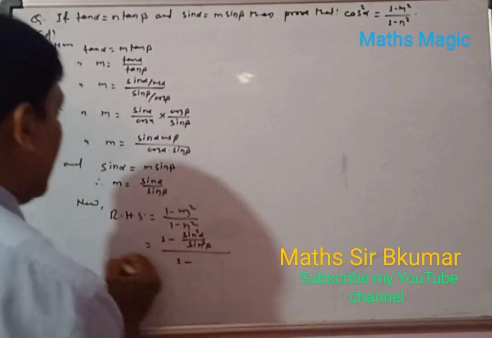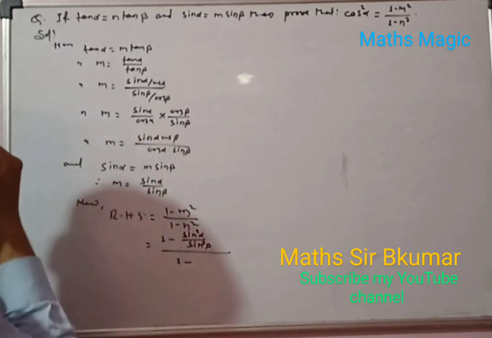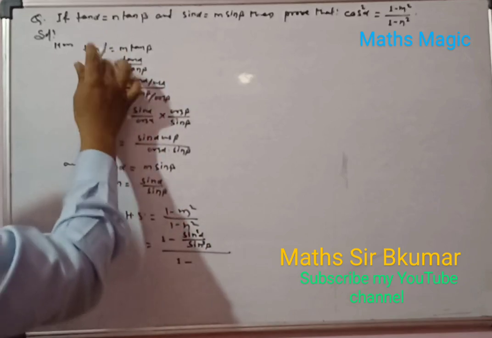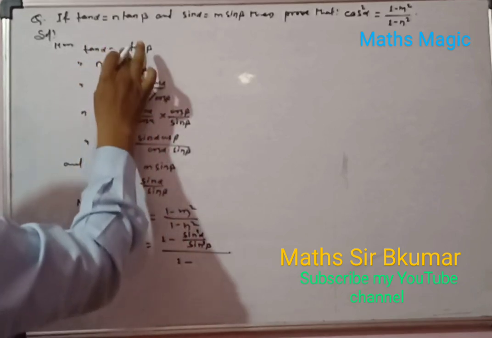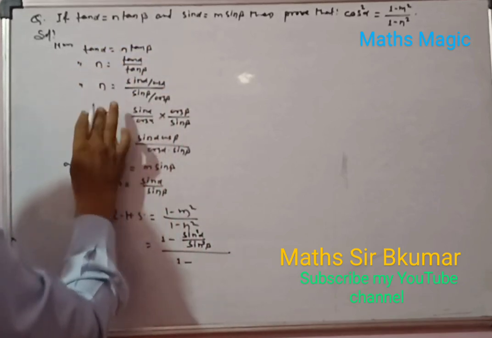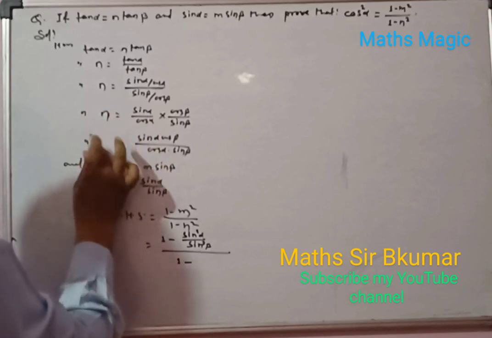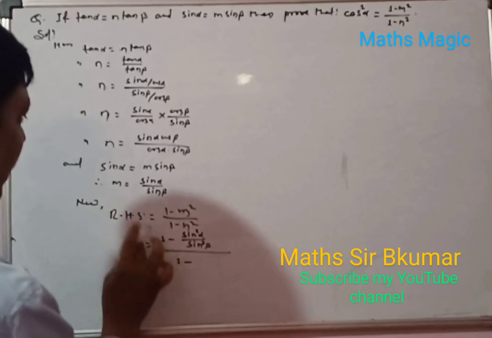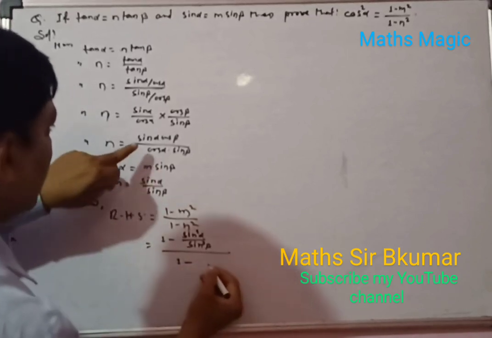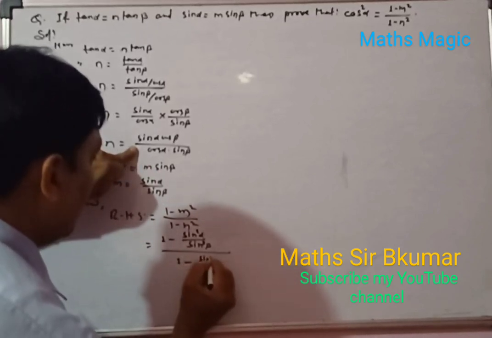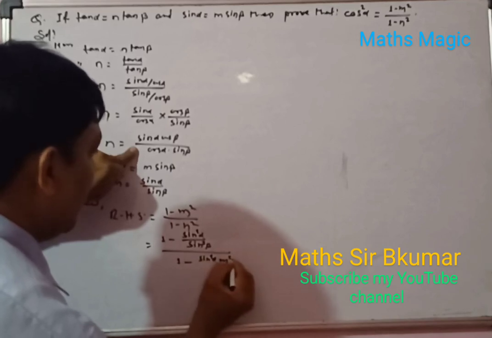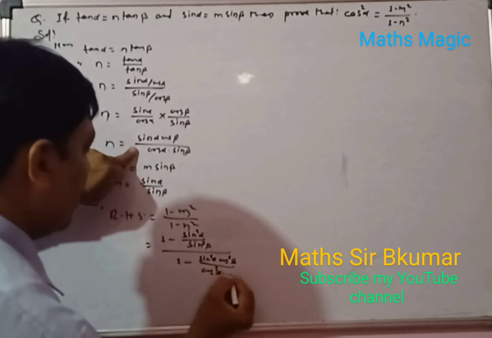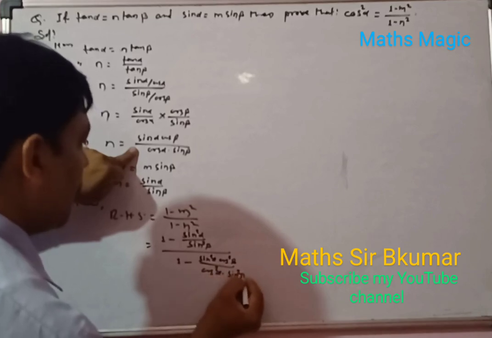Divided by 1 minus n square, and the value of n is sin square alpha cos square beta divided by cos square alpha sin square beta.